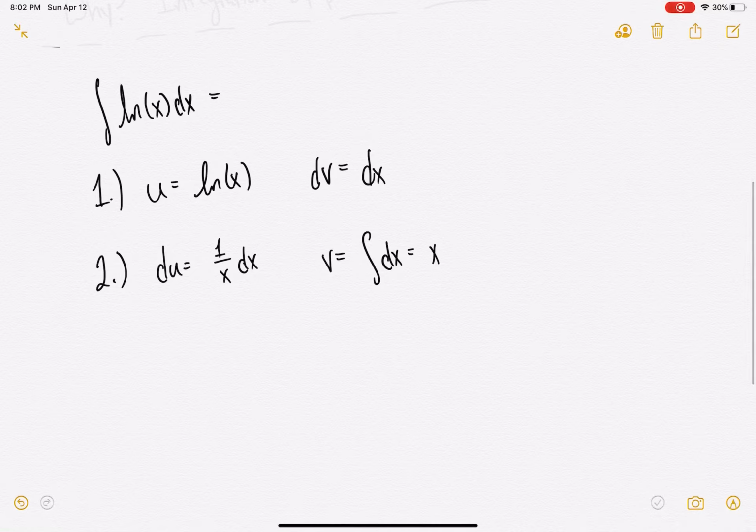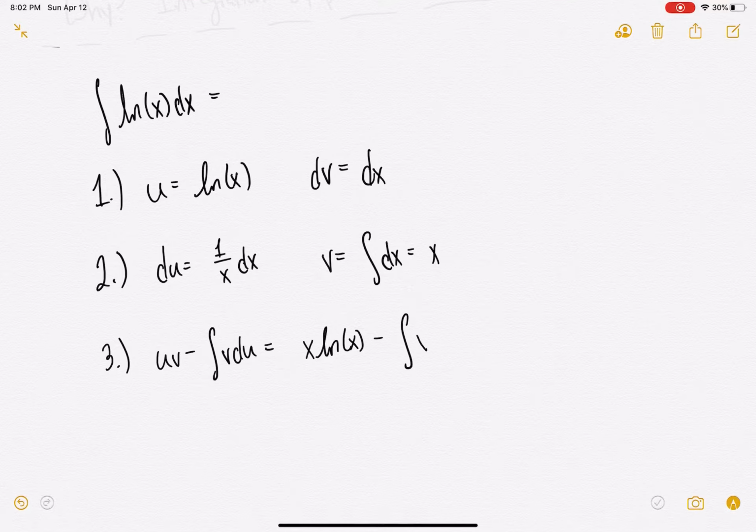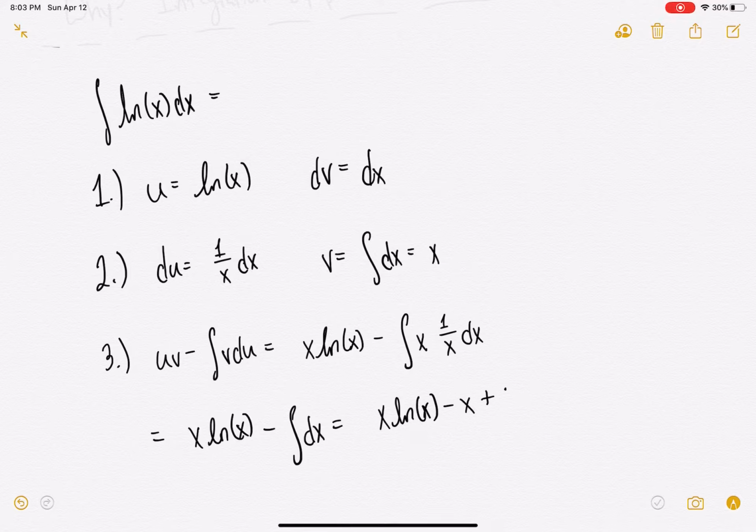And so now step 3 is uv minus the integral of v du. That gives us x natural log of x, minus the integral of x times 1 over x dx. This happens to be x ln x minus the integral of dx, which is just x ln x minus x plus c.